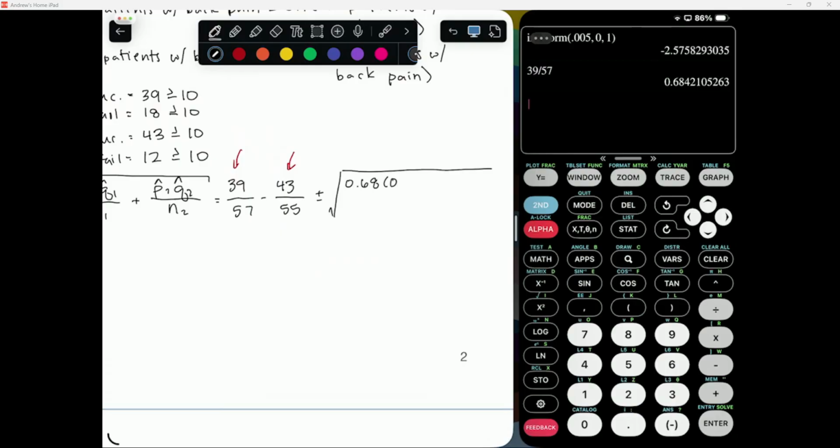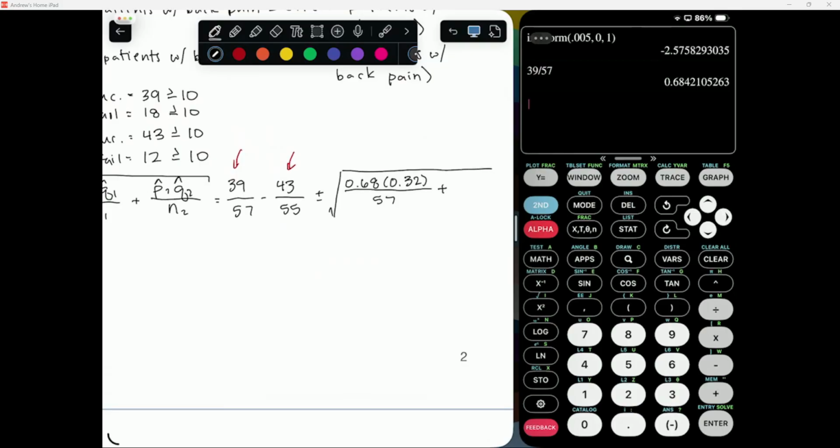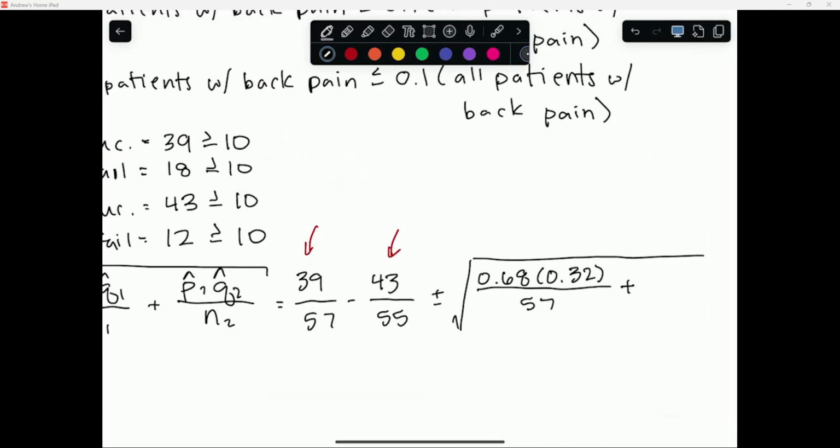And then the complement, which would be 0.32 over a sample size of 57 plus, and then the second one is 43 divided by 55, and we get 0.78. Running out of room here, 0.22 divided by 55.